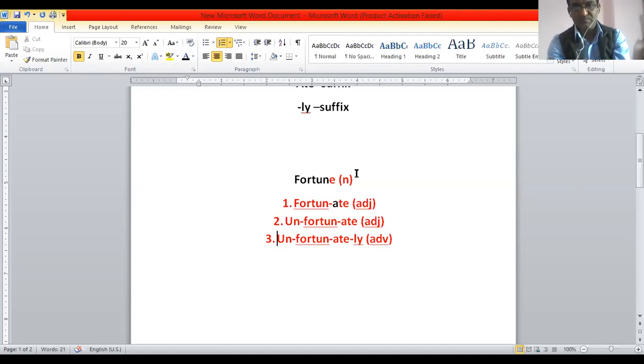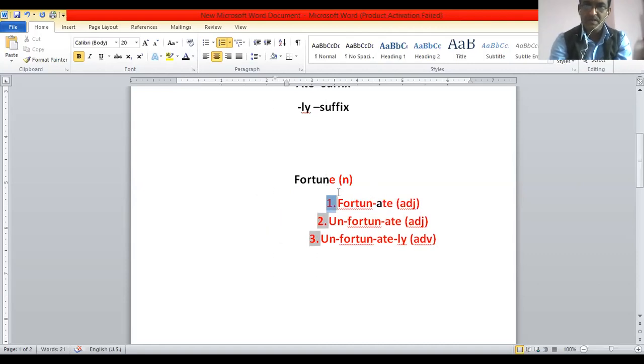So fortune stands for the noun, but fortunate stands for the adjective. And like this, we have this type of words. Okay, see. So in this way, definitely we can categorize them.